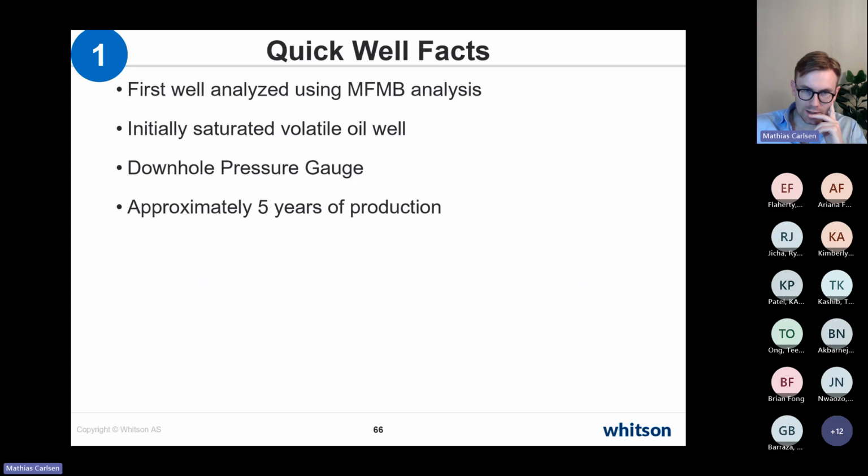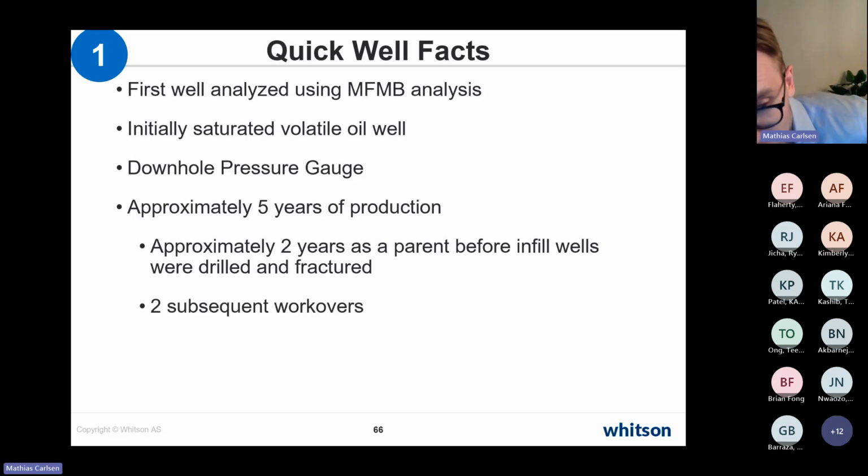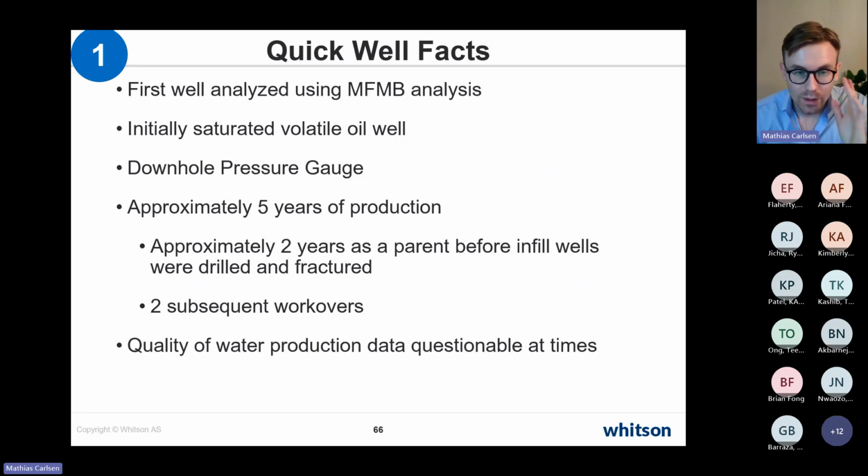Approximately 2 years is the period of time when the parent is producing before the infill wells were drilled, and then there were these 2 subsequent workovers. The quality of the water is sometimes questionable, but initially the water saturation is assumed to be 30%.